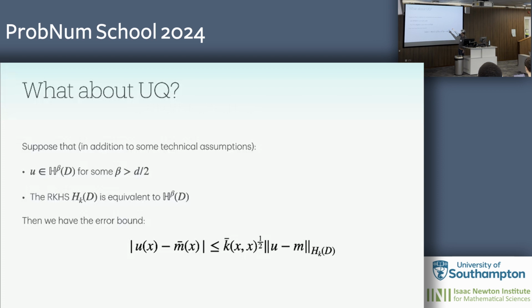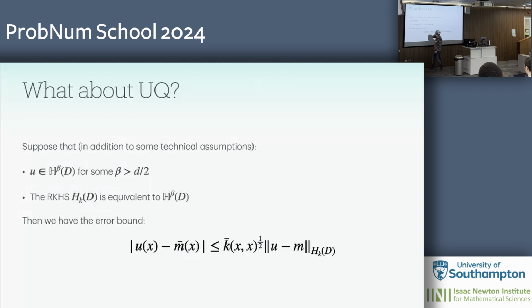Let's go through some of the assumptions that are required. There are some additional technical assumptions that I'm not going to talk about, but at least the intuitive technical assumptions that we need to make in order to get a result like this are, firstly, we need U to live in this Sobolev space of order beta. Beta we can think of as a smoothness that tells me how smooth my solution is.